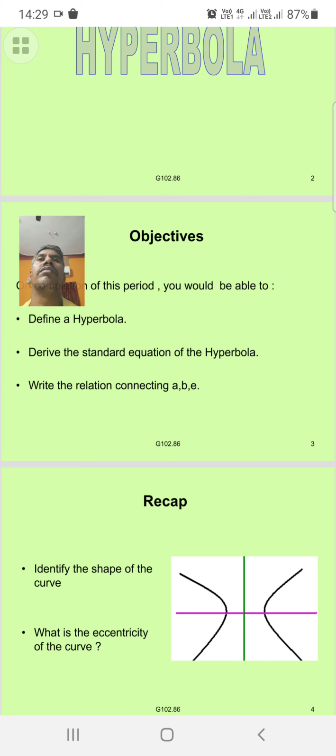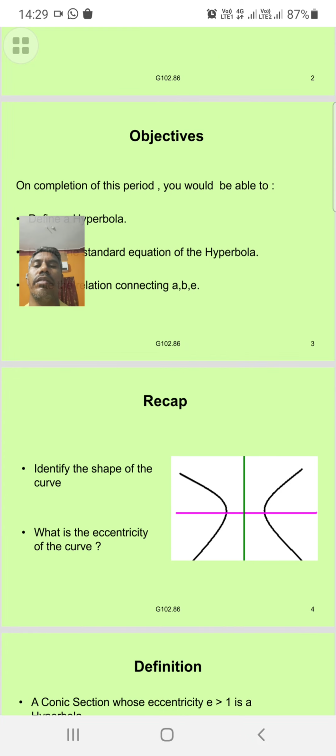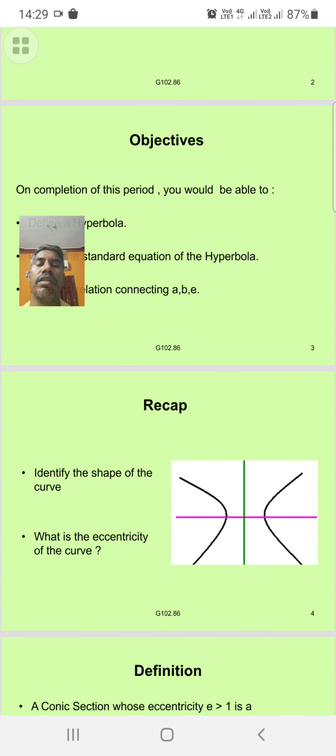The transverse axis cuts the hyperbola, and there we take the vertices A and A1, two foci, one on each side of the diagram of the hyperbola, two directrices, and one center point.